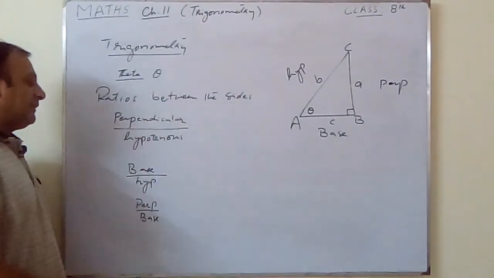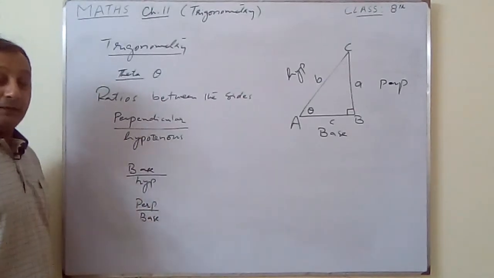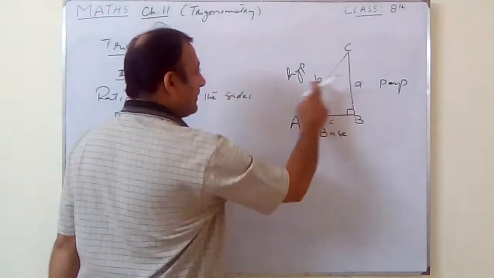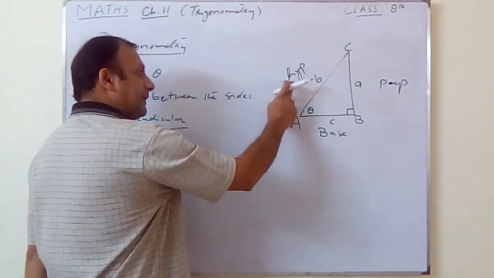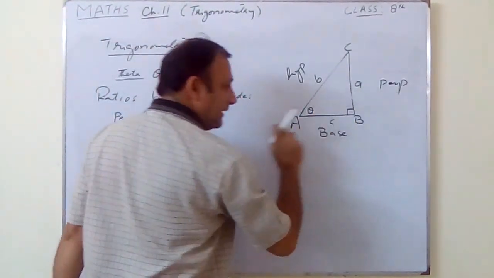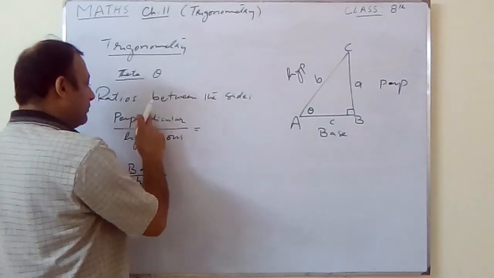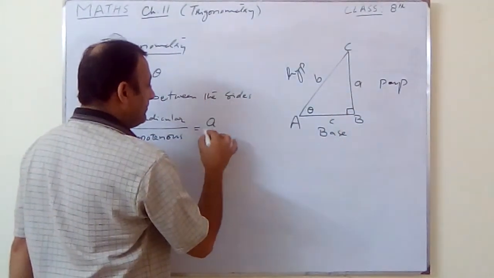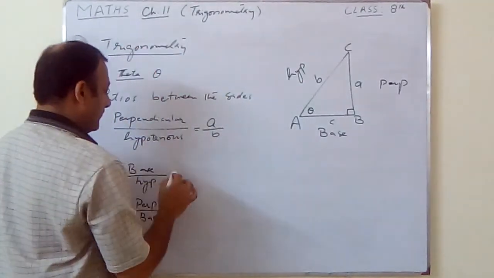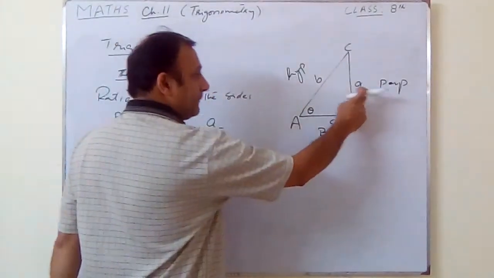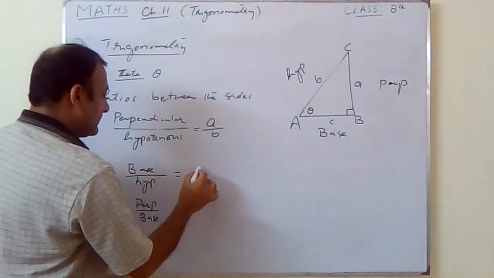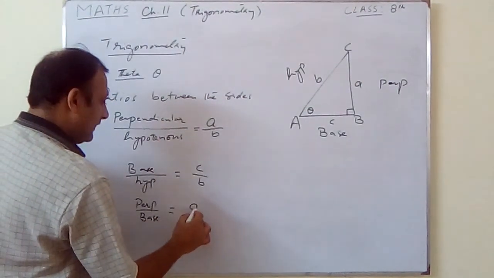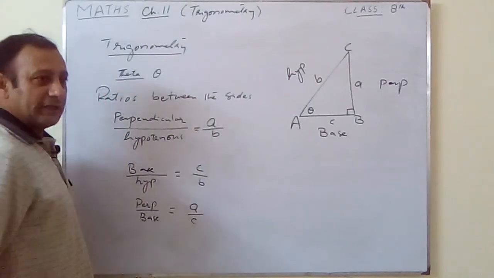These are the three possible main ratios. Perpendicular divided by hypotenuse is A divided by B, base divided by hypotenuse is C divided by B, and here it is A divided by C.